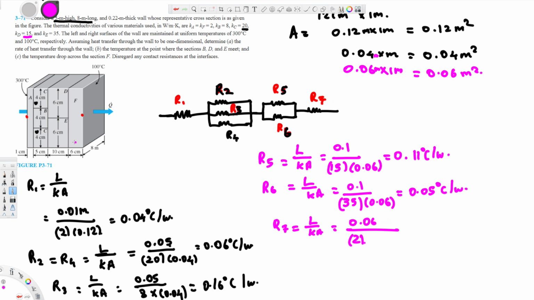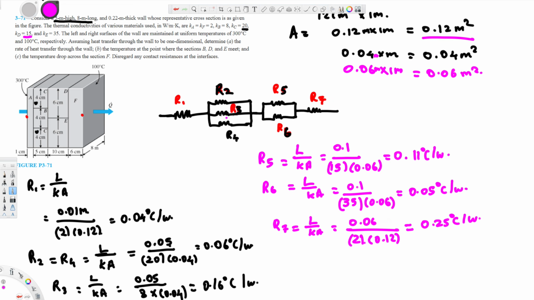This one is full height, so we are going to use 12. 12 is the total height, 4 to 4. So this is 0.12 multiplied by 0.12. And if you find this one, that's going to give you 0.25 degrees Celsius per watts. Now we have calculated all the R values.